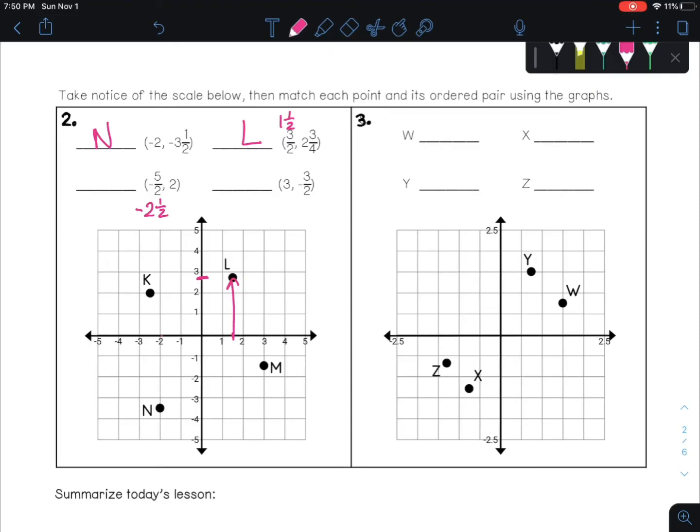So we're going to go over to the negative 2, and then in between the negative 2 and the negative 3, and then we can go up to the 2. That's point K, and that leaves us with this last one, which must be point M. So we're going to go over 3, and then down, that's going to be negative 1.5 there, which is perfect. So that's point M.